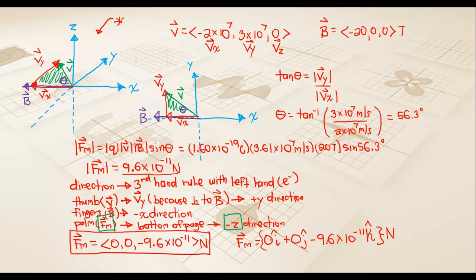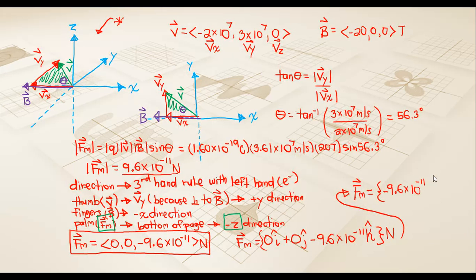However, if the x and y components are 0, anything multiplied by those unit vectors would just eliminate. Therefore, we could just write down in Cartesian vector notation the magnetic deflecting force, Fm, would just be equal to squiggly bracket, negative 9.6 times 10 to the negative 11, and then we have the special unit vector k.